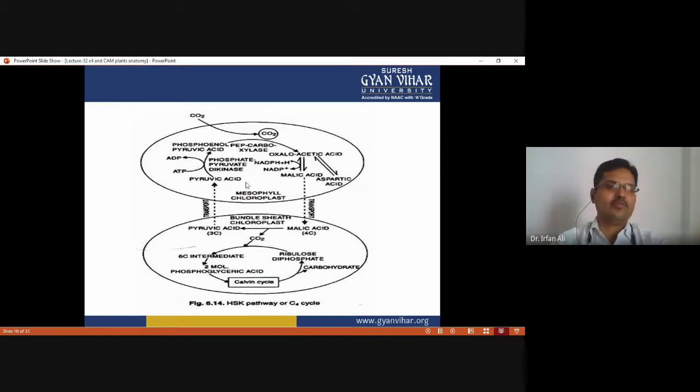Here pyruvic acid is converted into phosphoenol pyruvate by the enzyme pyruvate phosphate dikinase, and this reaction requires ATP. So this pathway is called the Hatch and Slack pathway, or C4 pathway, or C4 cycle.